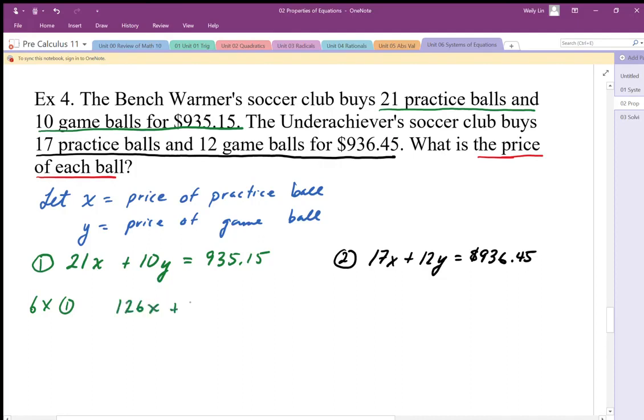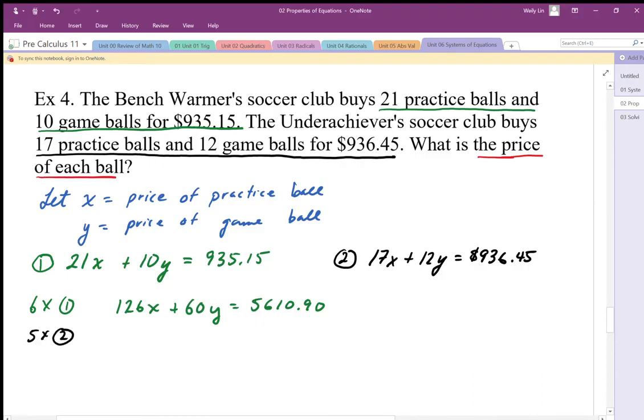That's going to give me 126x plus 60y. I need a calculator for this part: 6 times 935.15 gives me $5,610.90. To get the 60y here, I need to multiply equation 2 by 5.